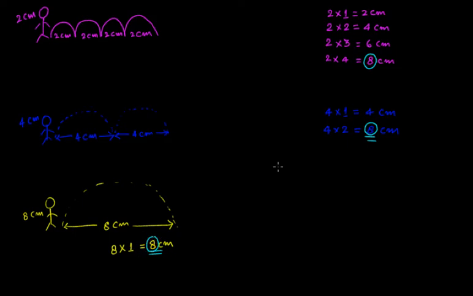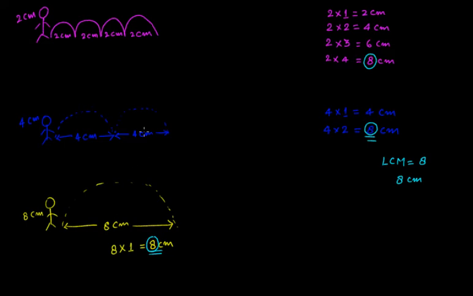Here it's 8, here it's 8, here it's 8, and 8 is the least common multiple, that is LCM. Or we can say that 8 centimeter is the least or minimum distance covered in this particular case, by these 3 persons.